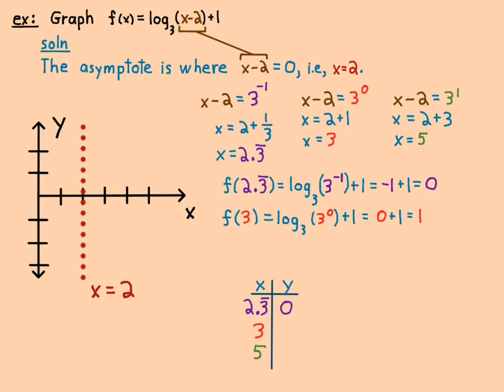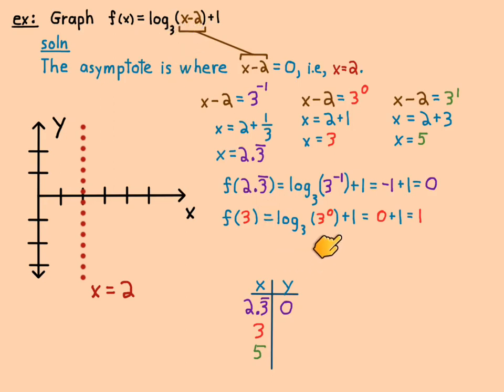Okay? And then the next one, I'm going to use this green one right there. Take f of 5. So that's going to be log base 3 of 3, right? You put 5 in here. 5 minus 2 is 3. So you'll have 3 to the 1. You're writing 3 as a power of 3, which is 3 to the 1.